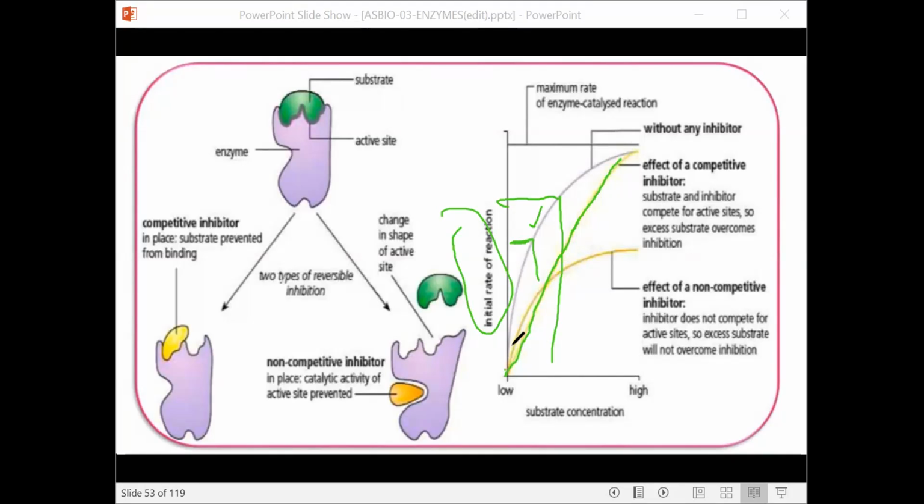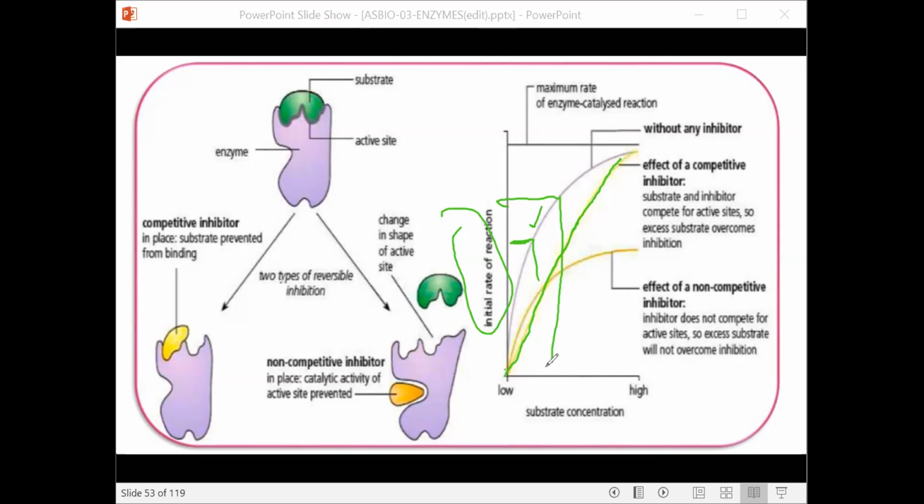And when non-competitive inhibition is there, the Michaelis-Menten constant shifts, increasing. Now, in comparison to non-competitive, when competitive is there, it depends on the substrate concentration.